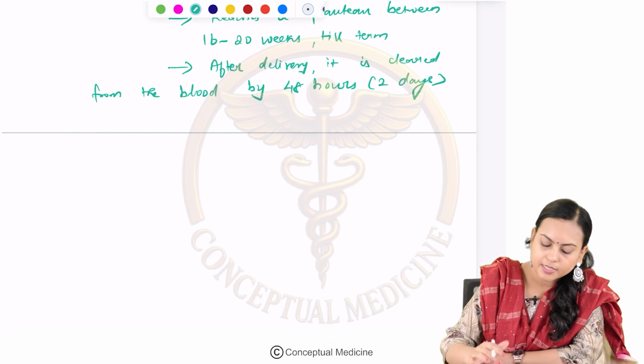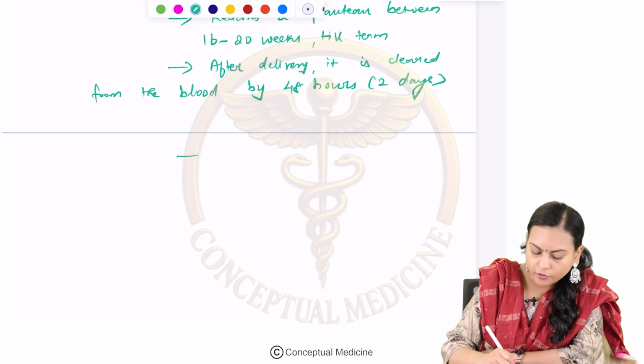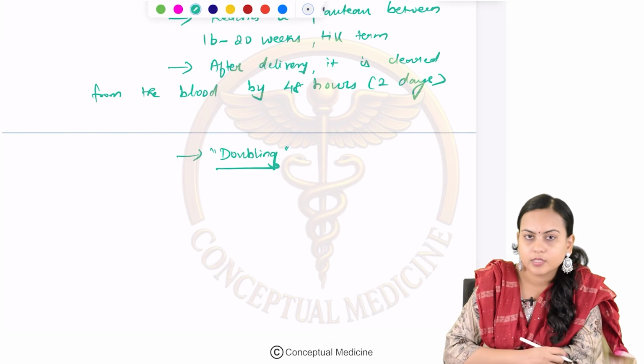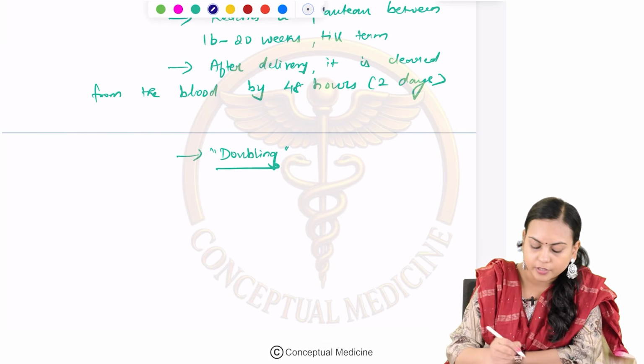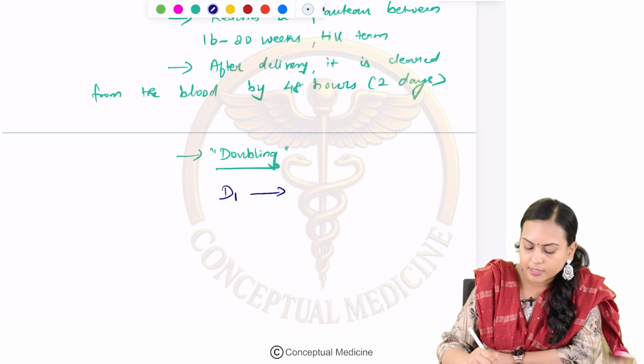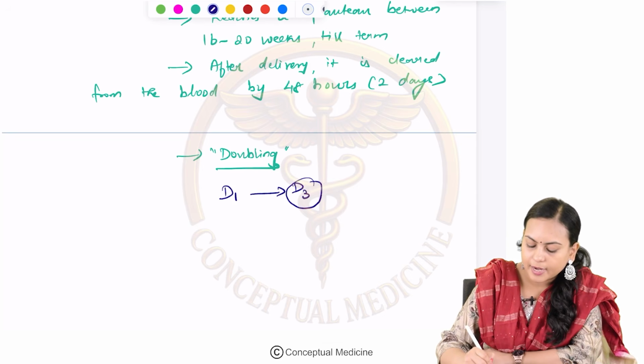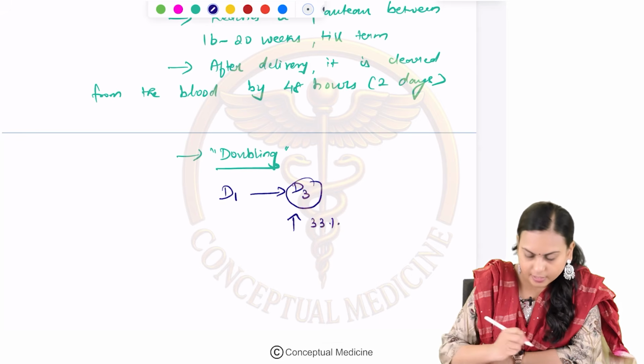Okay. Basically, the hormone HCG increases in a doubling pattern. Okay. So, what is this doubling? If you measure beta HCG on day 1 and beta HCG 48 hours later, there will be an increase in HCG by 33%.